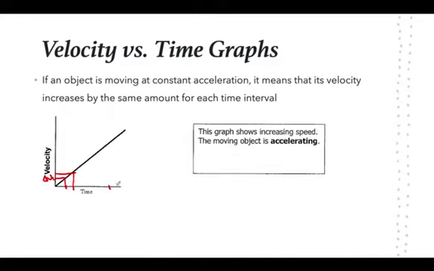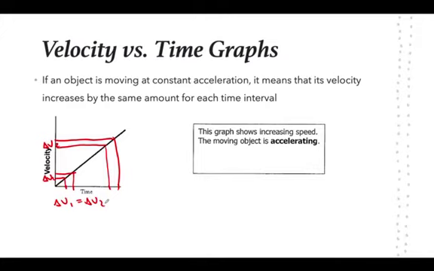If I look at the same time interval over here, then I notice that the change in velocity is here, and I can say that delta V1 is equal to delta V2, which means that this object is changing its velocity by the same amount as time goes by, which means that this object is accelerating.